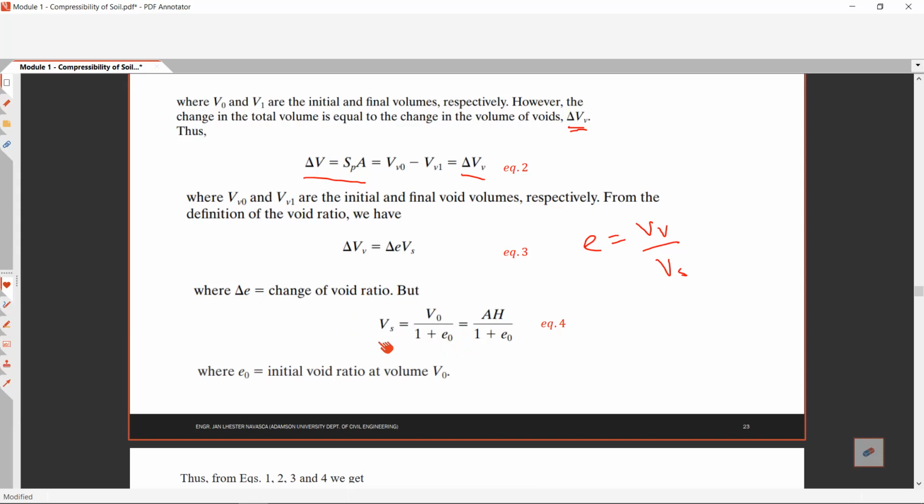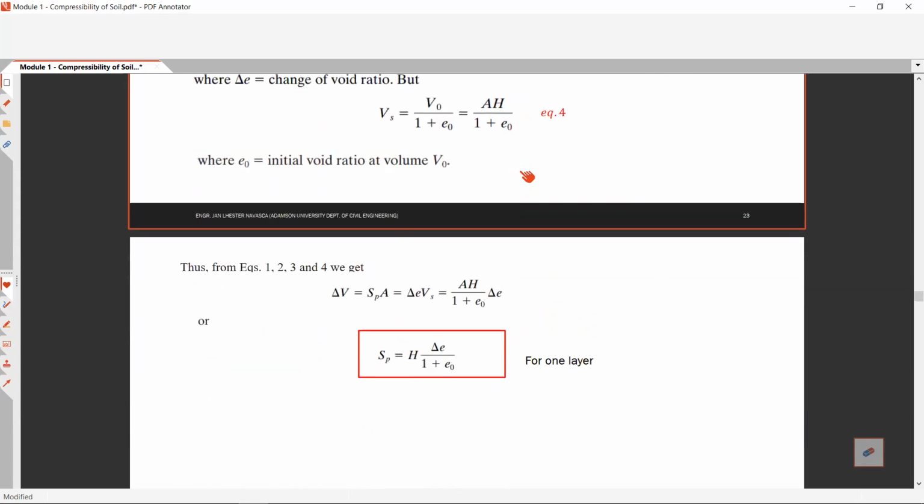That is the volume of soil solids. So V sub S is equal to AH over 1 plus e sub 0. That is our equation 4. Okay, so e sub 0 is the initial void ratio at the volume V sub 0, or initial volume.